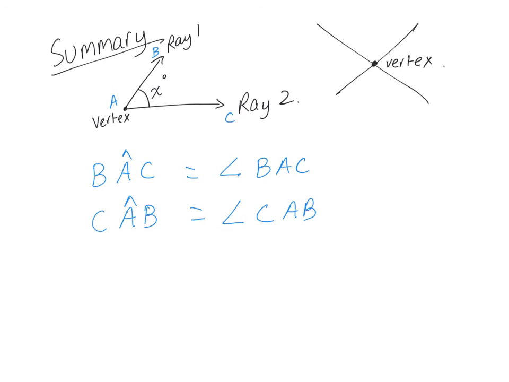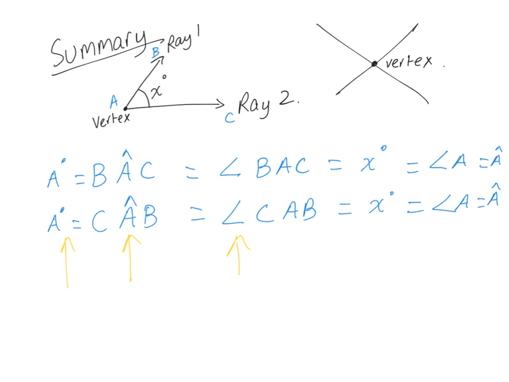Or you could say it's equal to x degrees, or you could say angle A, or A caret, or A degrees is also acceptable, depending on how it's given to you. So basically you're looking for either the angle symbol or this or the degree value.